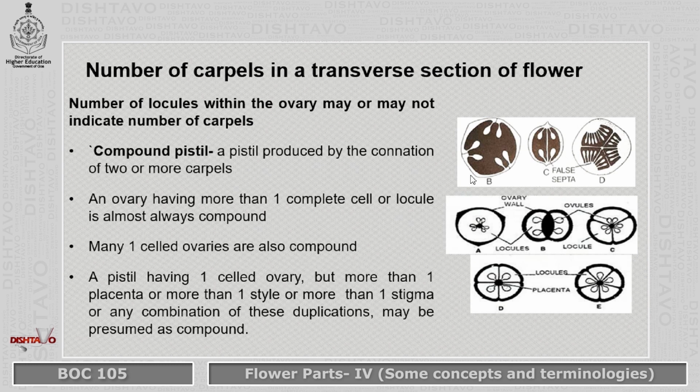Many times one-celled ovaries are also compound. If a pistil has a one-celled ovary but more than one placenta, more than one style or stigma, or any combination of this, duplication of number of placenta, style, stigma, the ovary may be presumed to be a compound ovary.